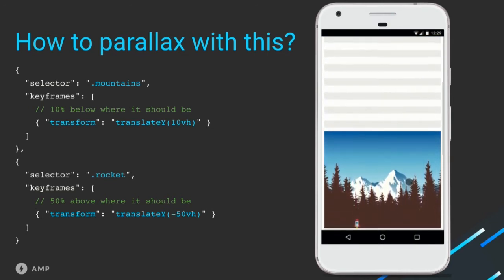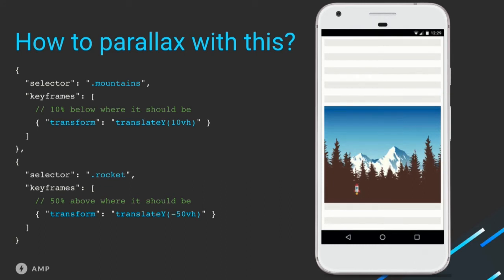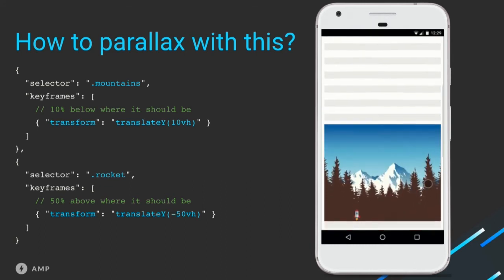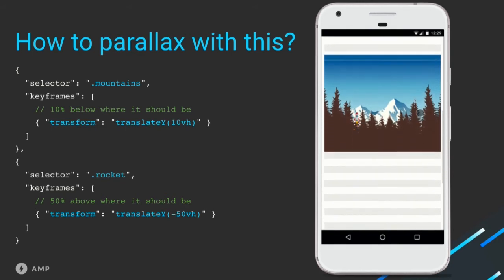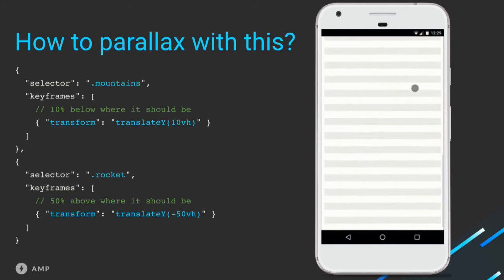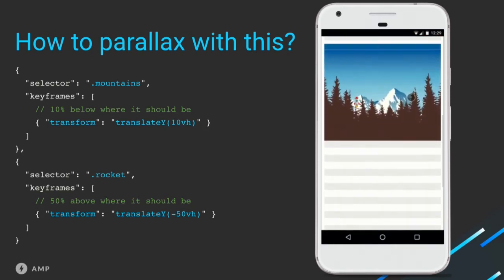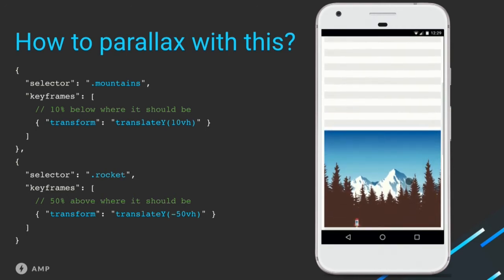That just makes sense. You scroll 1 viewport amount, and it will be on top of the viewport. But with the animation definition, we are asking it to be half a viewport, the 50 VH here, more on top. So it has to move faster to catch up, to get to its final state that we are asking. So that's how you do parallax with keyframe animations.